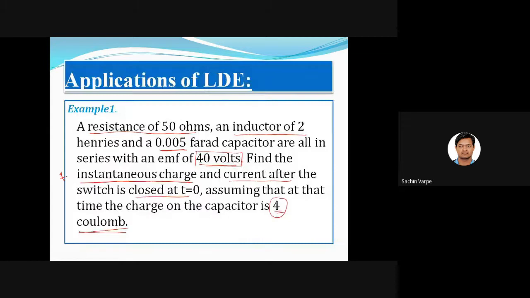So firstly, what is given? We have the resistor, inductor and capacitor. Let us write the differential equation associated with this circuit. Let us draw the circuit so that you will be able to write the equation.